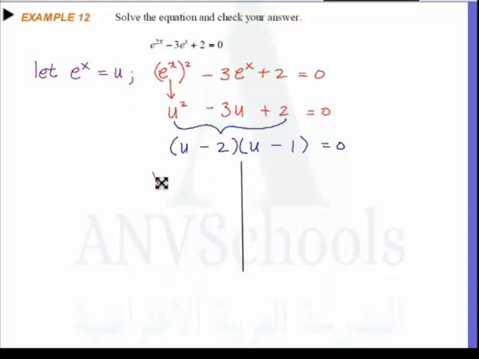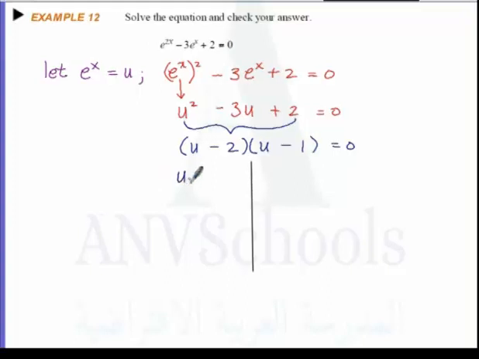that will give me u minus 2 is equal to 0, and on this side I would have u minus 1 is equal to 0. And u here would be equal to 2, but in here u will be equal to 1.